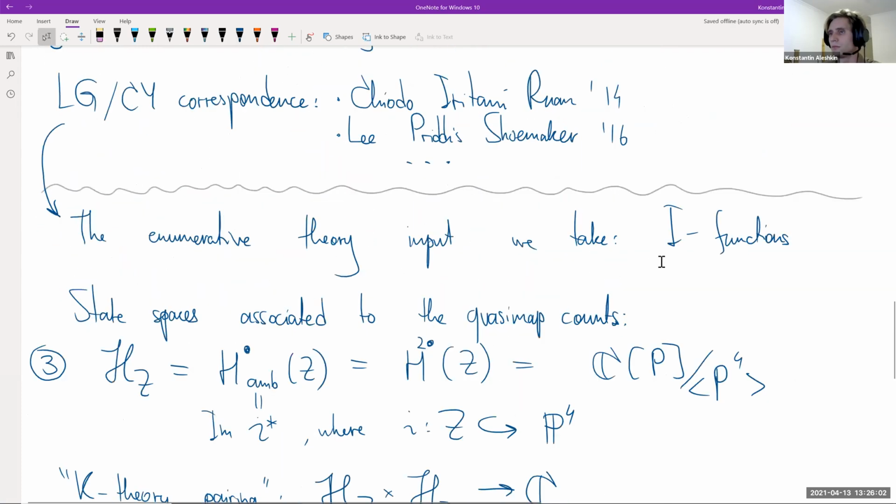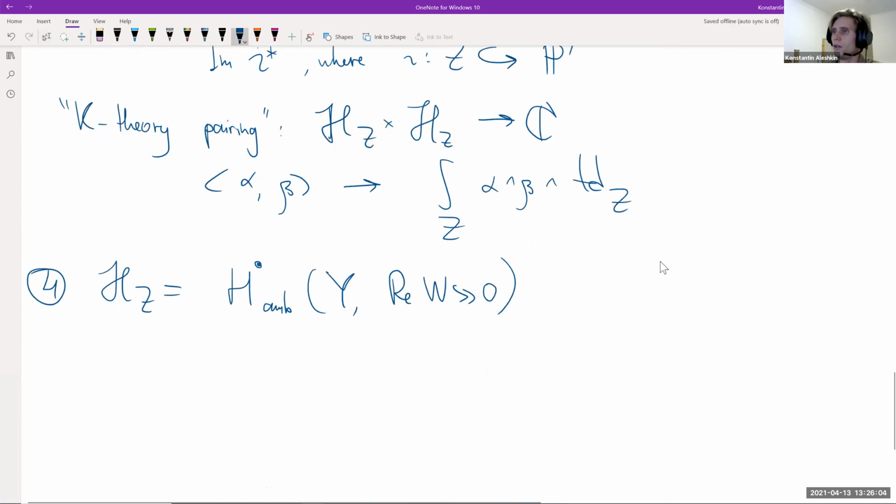And so one can think about this as differential forms on Y modulo twisted de Rham differential.